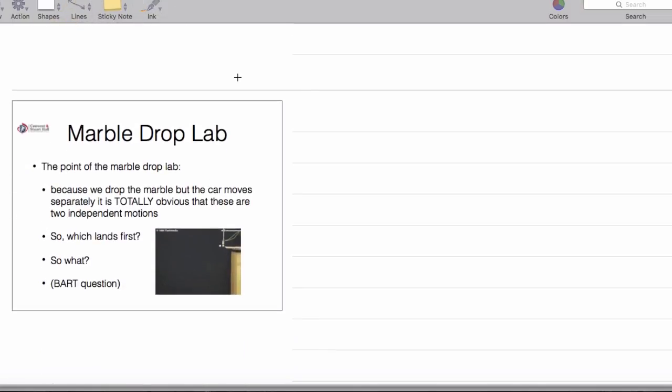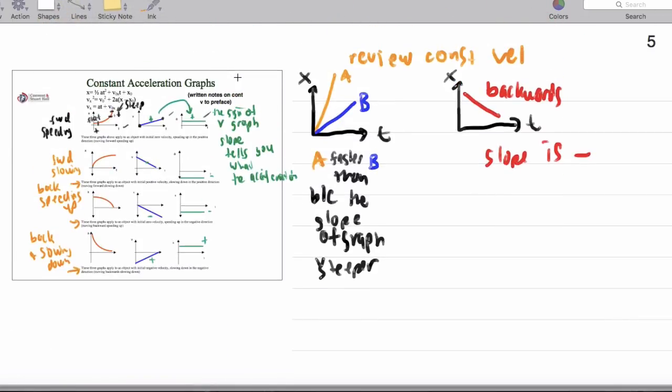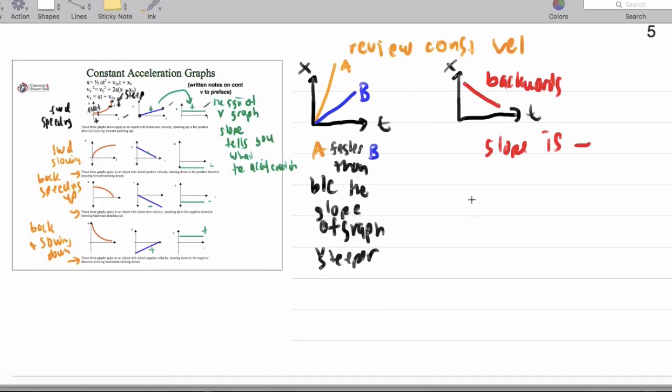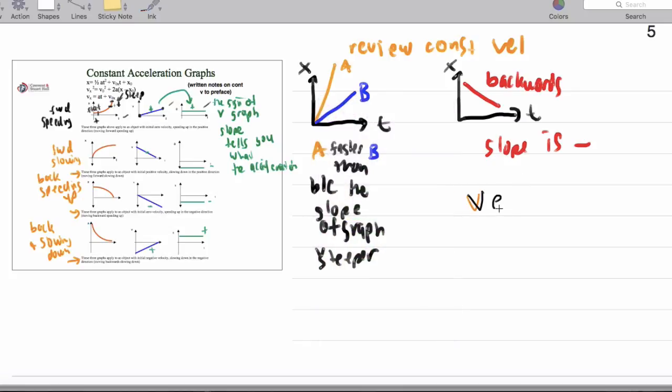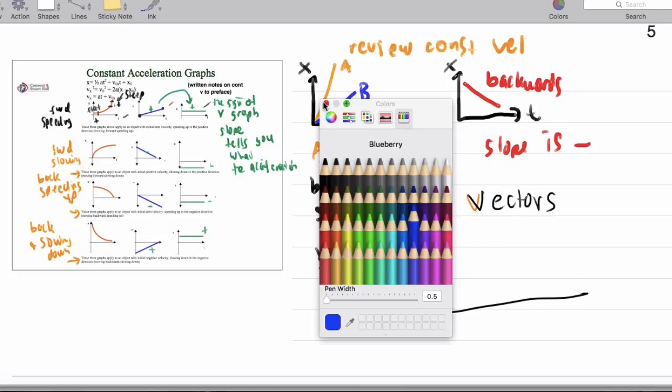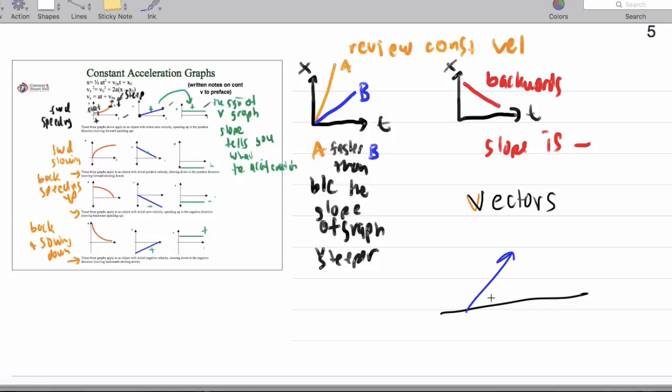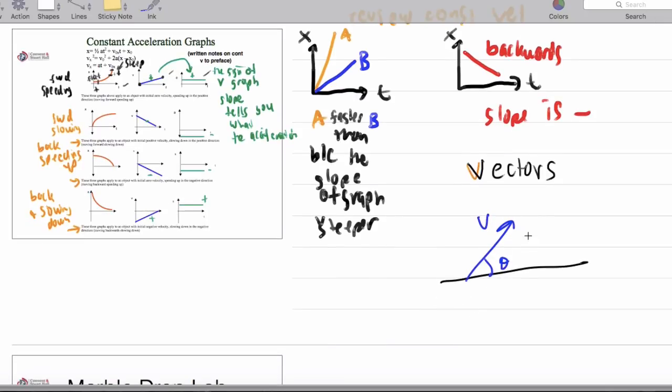After that, we did a little practice with vectors. I'll insert a little side thing here. So we talked about vectors. And basically, as far as we're concerned, a vector is an arrow with a length and a direction.